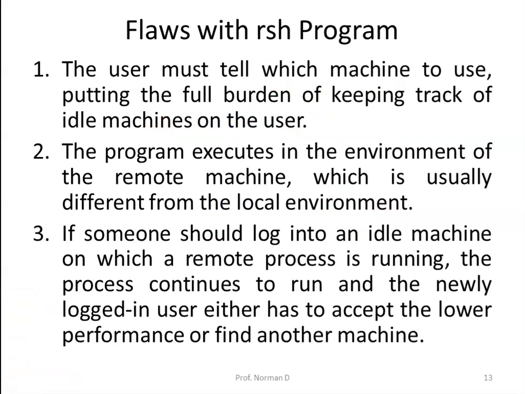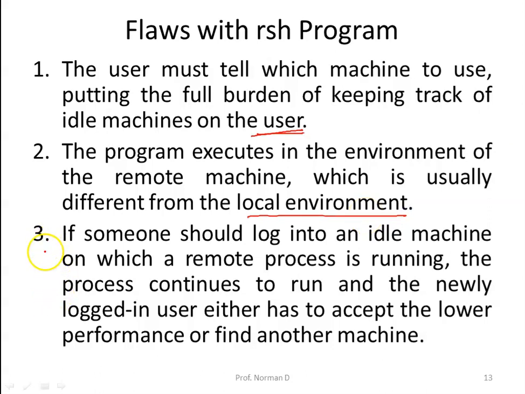The first flaw is that the user must tell which machine to use. This puts a lot of burden on the user of keeping track of the idle machines. The second flaw is that the program executes in the environment of the remote machine, which is usually different from the local environment.